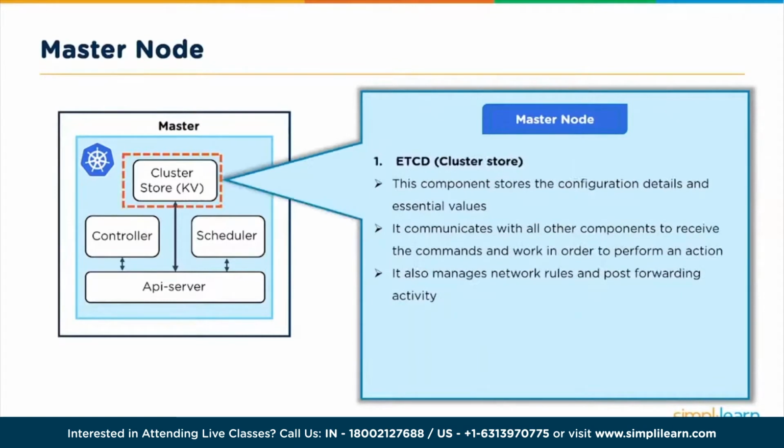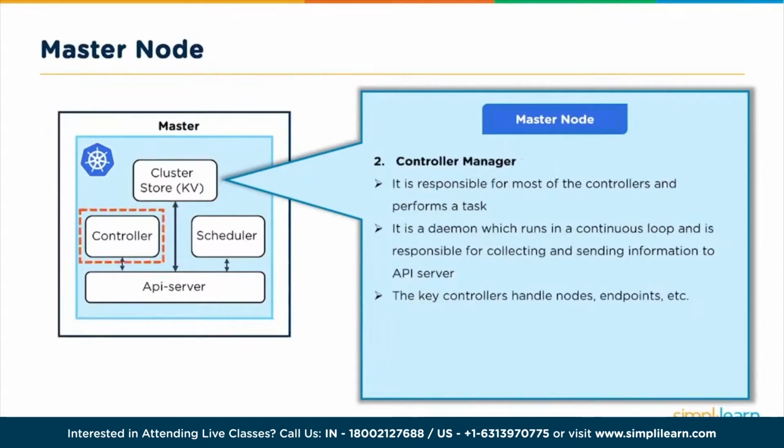The cluster store is the tool where all the details of the work that you're doing is stored. It's going to manage the rules, it's going to manage all the instructions, and this is where you're going to post that information. The controller is then going to perform the tasks that are stored in the cluster store.